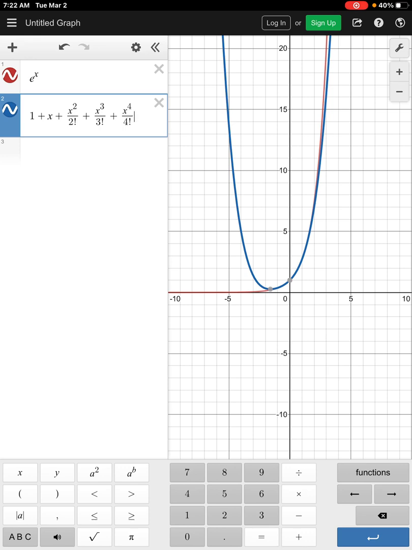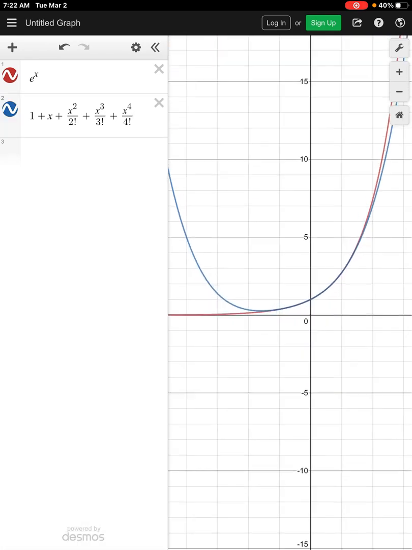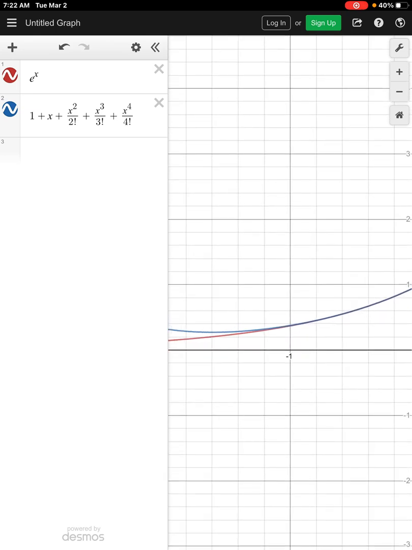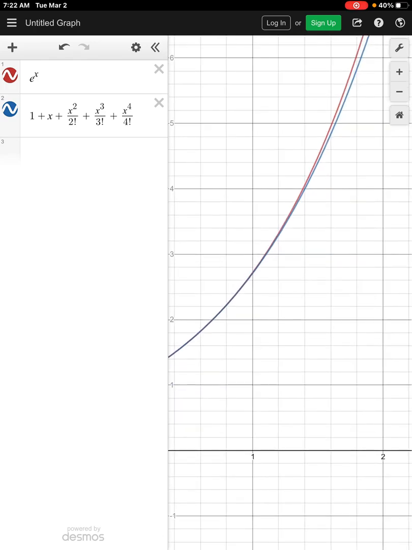So I want you to just determine, based off of this, what I would say is that it looks like we might have an interval of convergence for this 4th degree polynomial. -1 looks pretty good. I'm going to say -1 on this left side. Now let's go look at the other side.